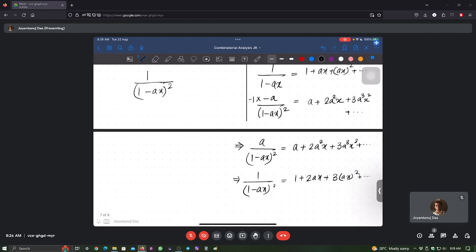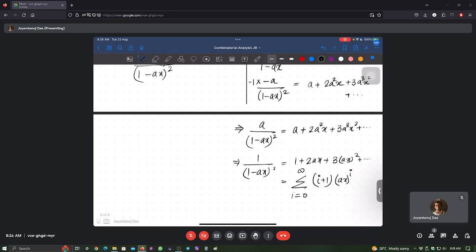In summation terms, what we can write is the sum for i equals 0 to infinity of (i plus 1) times (ax) power i, right? Fine.